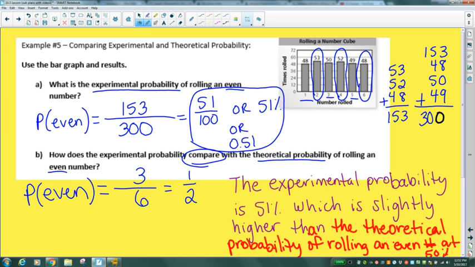Because the probability of rolling an even number theoretically would be a 50% probability. And that is a comparison between theoretical and experimental.